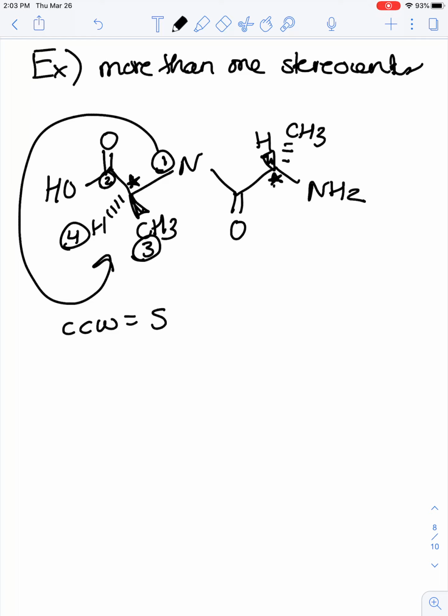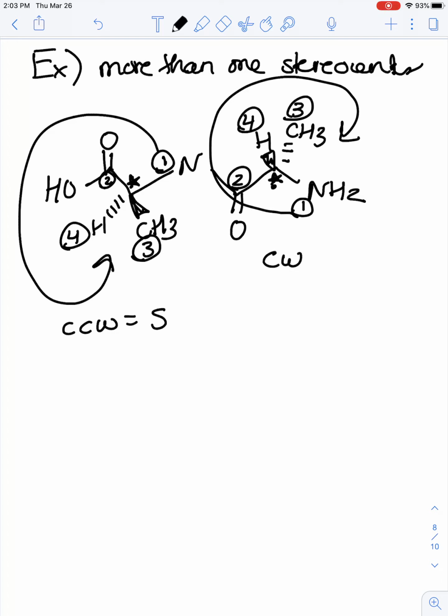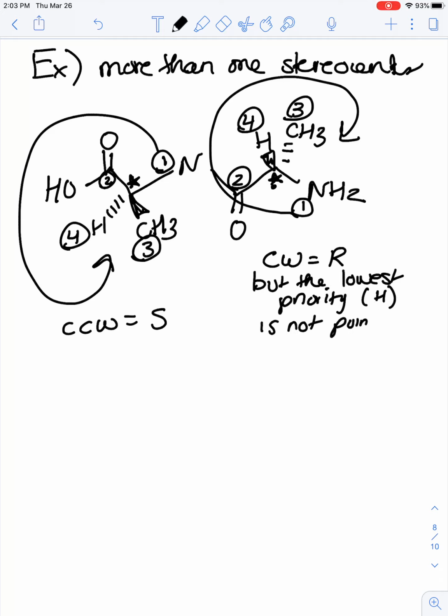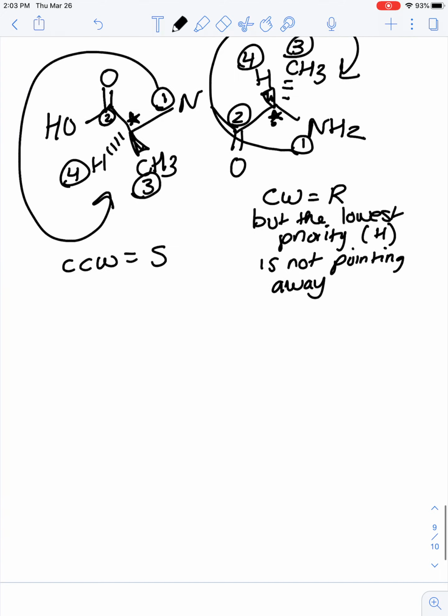When we're looking at this stereo center right here, we have, again, nitrogen is going to be priority number 1. This would be number 2. Our methyl group would be number 3. Our hydrogen would be number 4. So here we have clockwise, which would give us an R configuration, but the lowest priority, so that hydrogen, is not pointing away or into the paper.